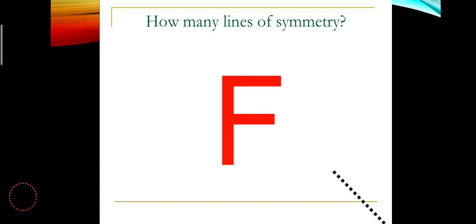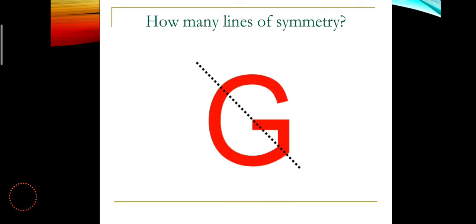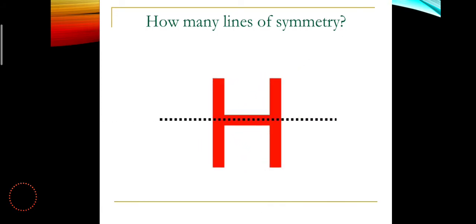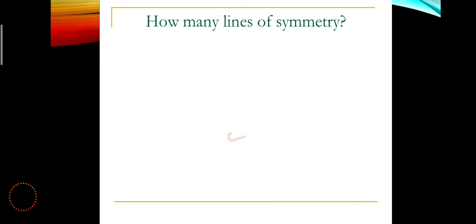For F, we tried all the ways, cross, vertical, horizontal, not possible, no line of symmetry. For G also we tried all the 4 ways, but no line of symmetry. For H, we did earlier also, it has 2 lines of symmetry, right? For I, see, horizontal also equal and vertically also equal, so I also has 2 lines of symmetry.